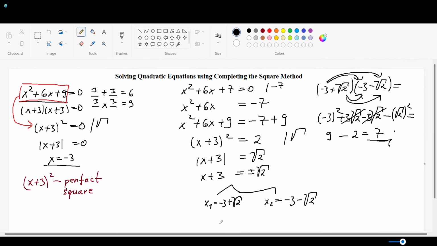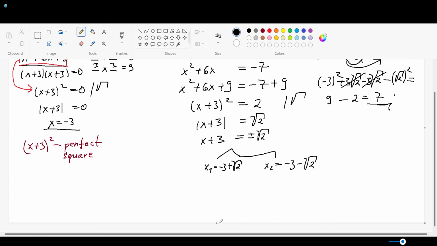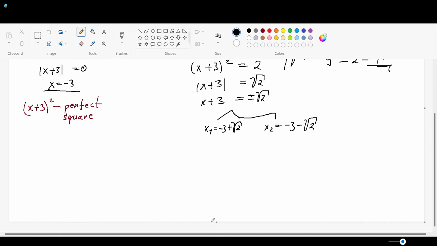It's a very quick check, but not the proper one, because we have to do a proper check. We have to calculate the value of the left side of our equation, and let's take negative 3 plus square root of 2. So it means negative 3 plus square root of 2, squared, plus 6 times negative 3 plus square root of 2, plus 7.